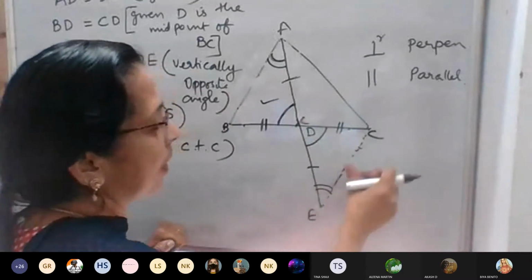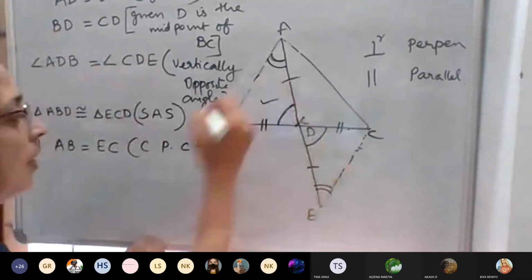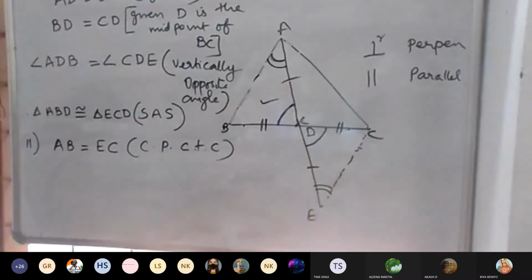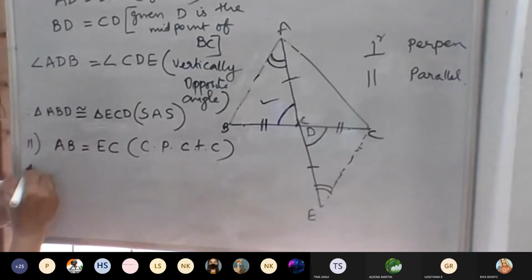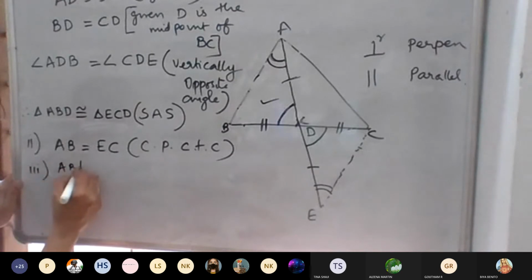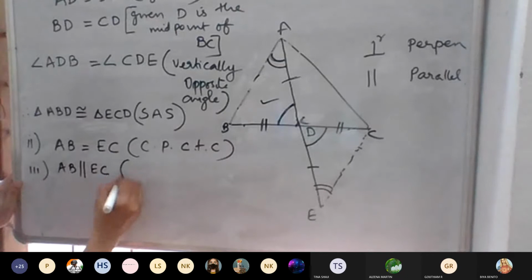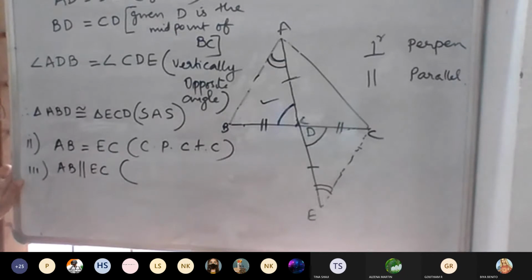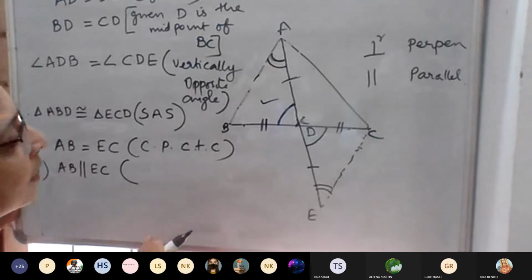Any doubt in this? Clear now? Yes, ma'am. Okay, so next, the third one we can write: AB is parallel to EC. Reason. Third point, AB is parallel to EC. Reason what we can write?